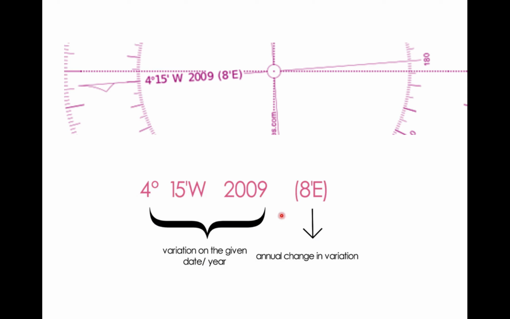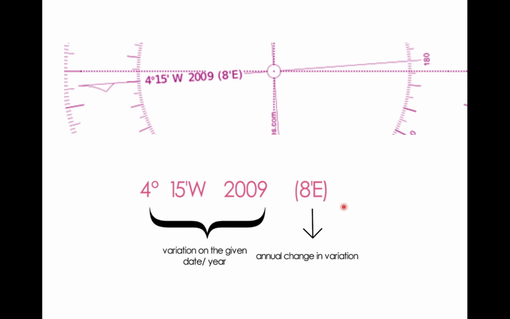Okay, and then what about this one? Actually, guys, that apostrophe means minutes. 8 minutes east. So please do not be confused. Do not treat it as a minute of time. It doesn't have the same meaning.